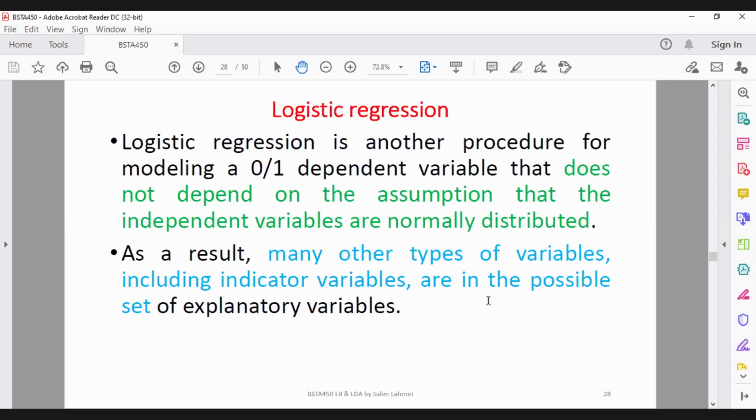The dependent variable does not depend on the assumption that dependent variables are normally distributed. Under logistic regression, x's are not assumed to be normally distributed, and also x's are not assumed to have a constant variance.